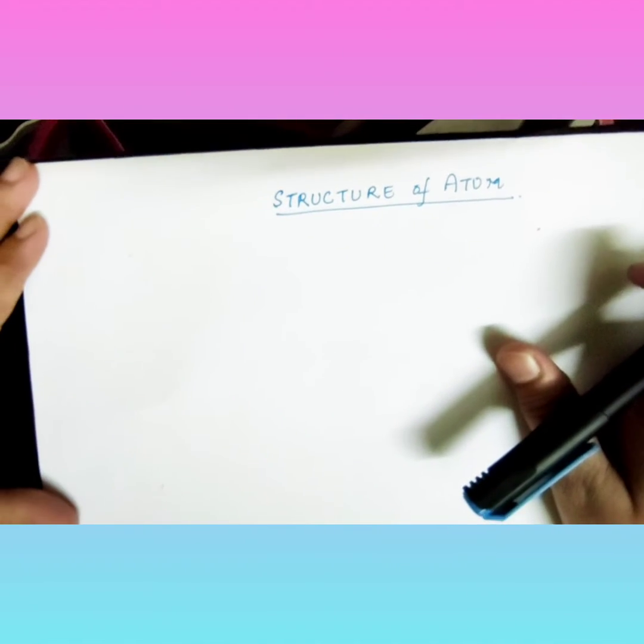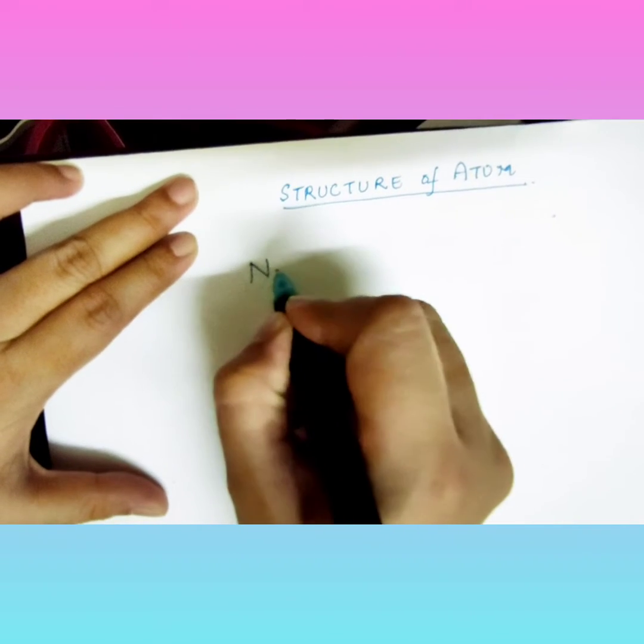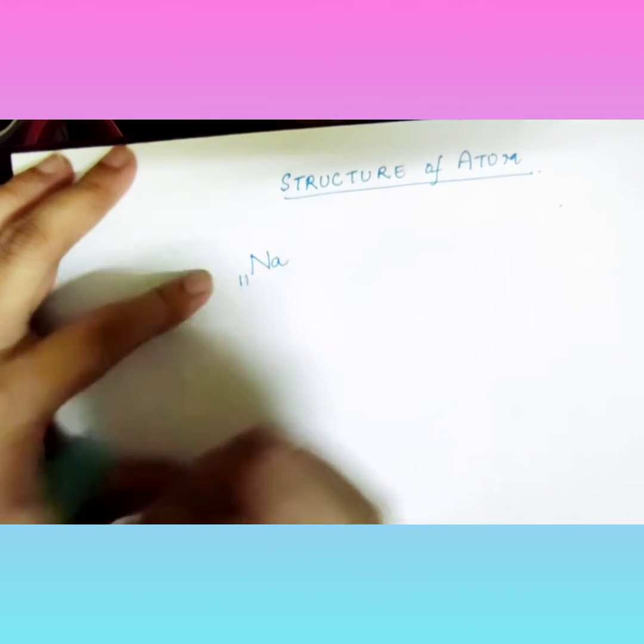To start with, let us take an example of the sodium atom. Sodium atom, whose symbol is Na, atomic number is 11.